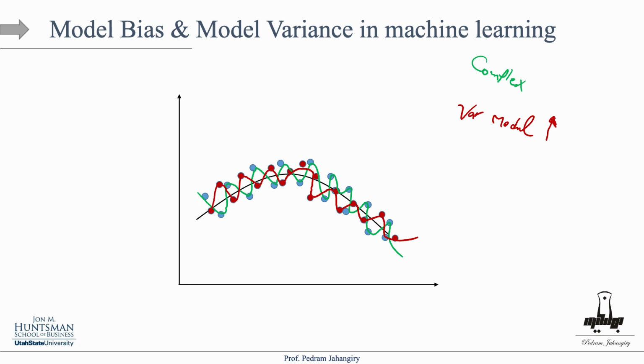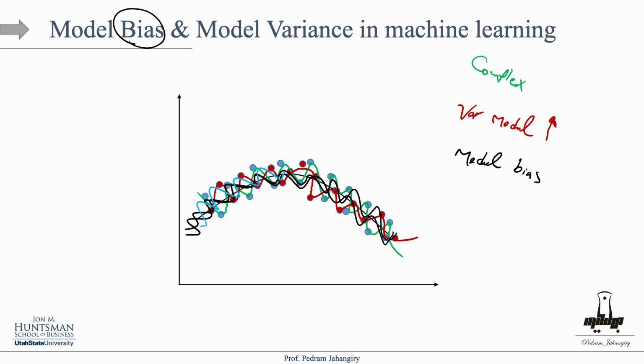But what about the model bias? Remember, go back to the definition of model bias. On average, are we capturing the pattern in the data or not? On average. So if I do thousands of realizations, maybe this is one, this is another one. Let me use another color.